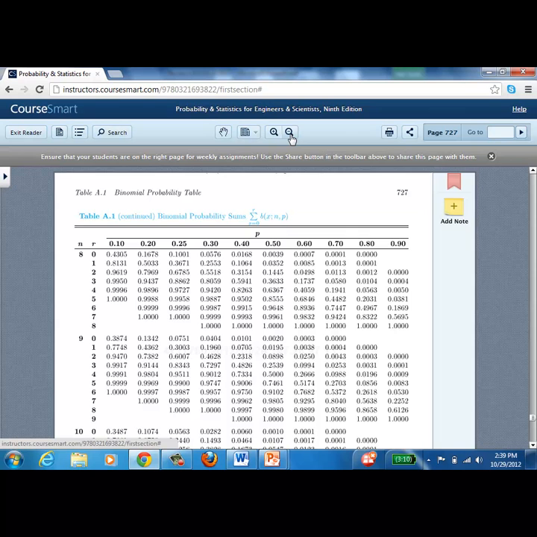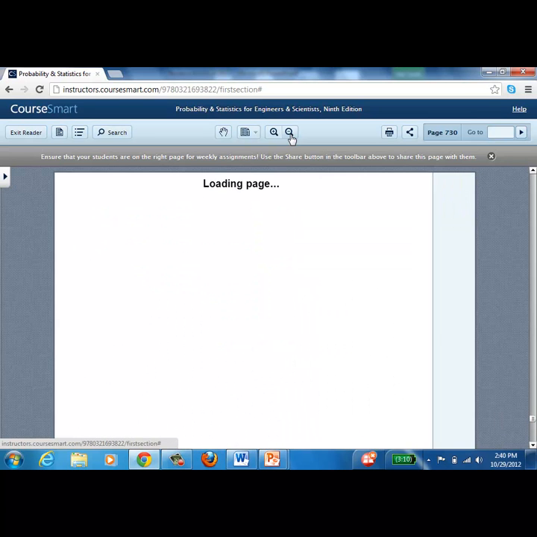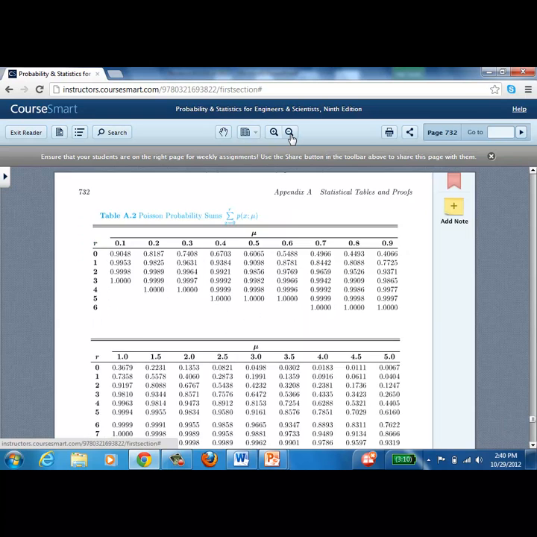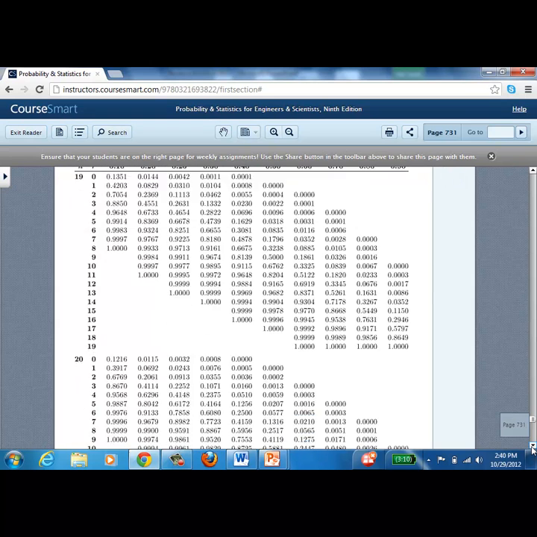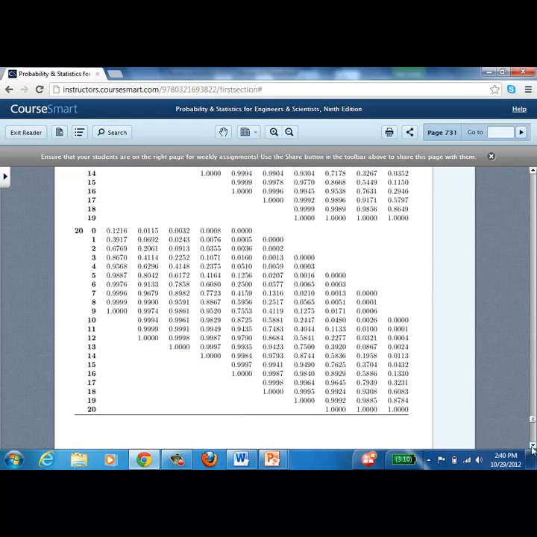So you will see that here you have probabilities tabulated, and this corresponds to the number of observations that you have. So in this case, you have n equals 8, 9, 10. For this problem, we have to find n equals 20. Okay, so we have n equals 20.